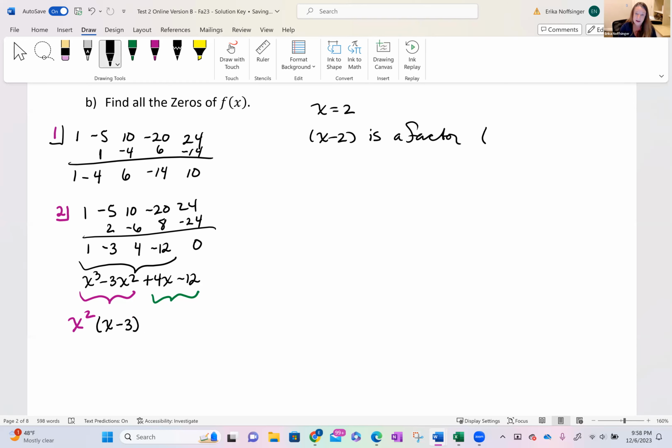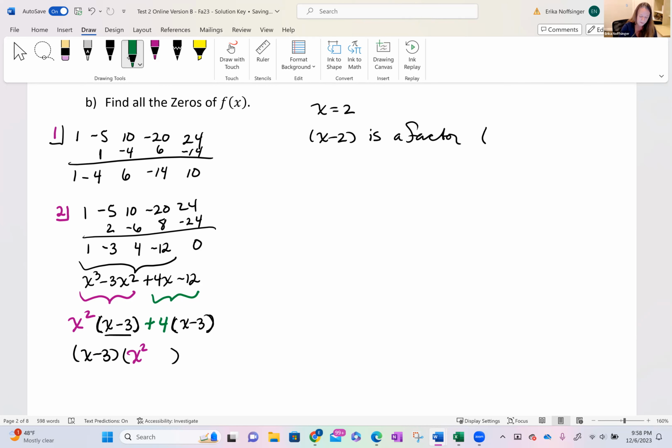And then I'm looking at my last 2 terms, 4x minus 12, and I see that there's a 4 in common, so I'm going to pull out a positive 4, putting plus 4 here, and I'm left with x minus 3. And so notice what's inside our parentheses here, x minus 3 is the same in both cases, so I'm pulling that out, leaving me with an x squared.